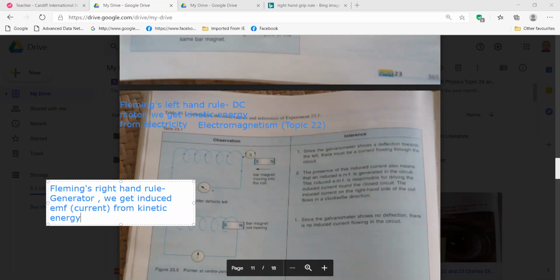Okay, I'm writing details. So we are getting this discussion in electromagnetic induction. It is topic 23.